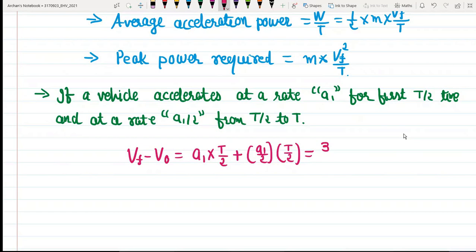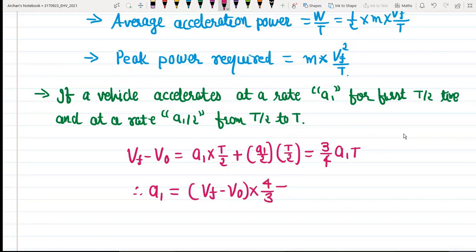So we will have 3 by 4 A1 into T. So A1 is given by Vf minus V0 into 4 by 3 T. So this is our case.